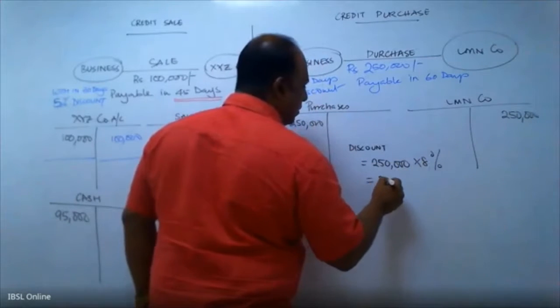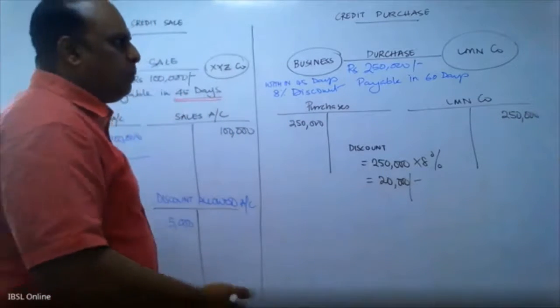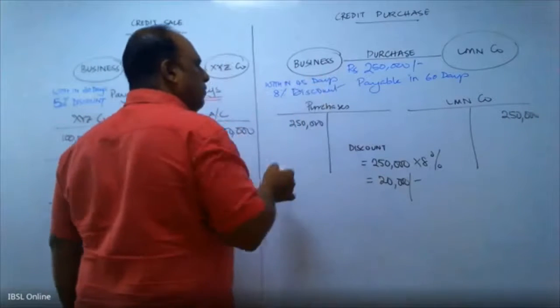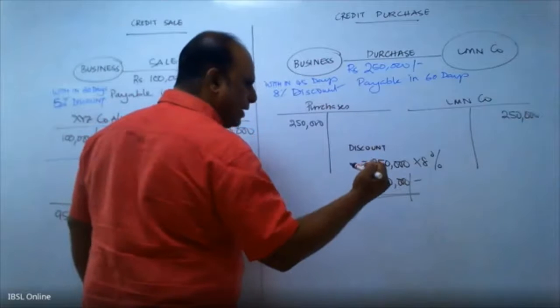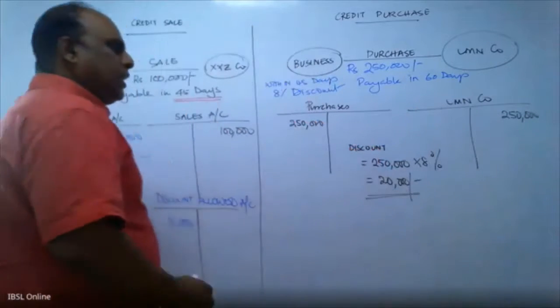That is 20,000. So, why should I pay more? If I settle it within 45 days, I don't have to pay 20,000. I have to pay less 20,000, which means I have to pay only 230,000.